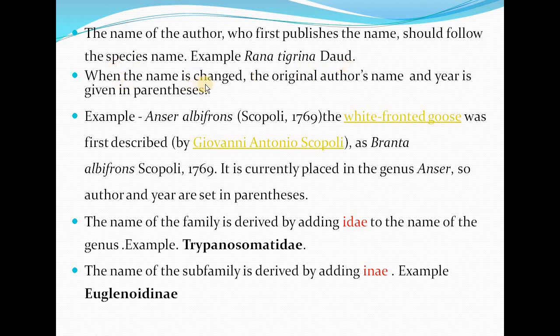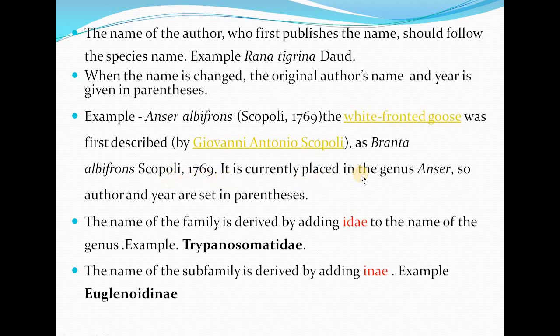When the name is changed, the original author's name and year are given in parentheses or brackets. If we take the example of a white-fronted goose, first described by Giovanni Antonio Scopoli, the scientific name was Branta albifrons Scopoli, 1769.